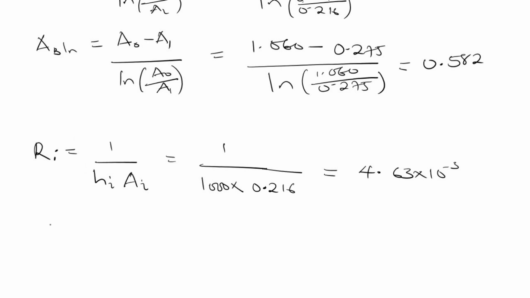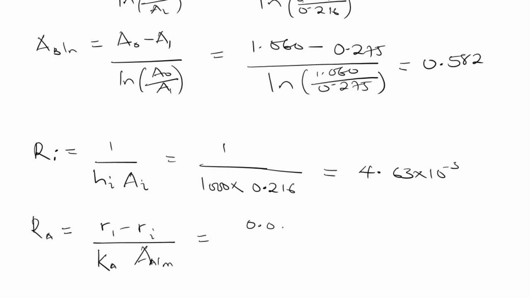Then Ra, which is given by the formula of R1 minus Ri all over the thermal conductivity of A times log mean area of A. I've calculated it, or some portions are given from the question.